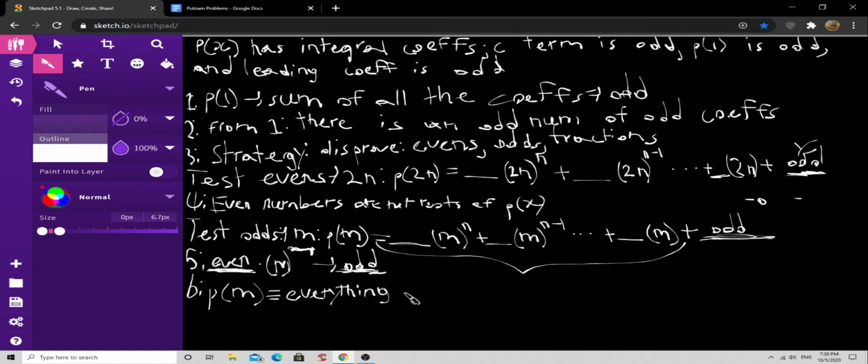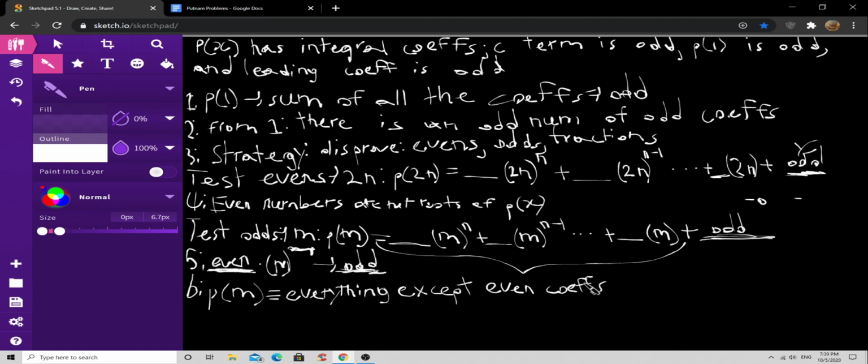except everything except, so just the same thing except excluding the even coefficients. Okay.